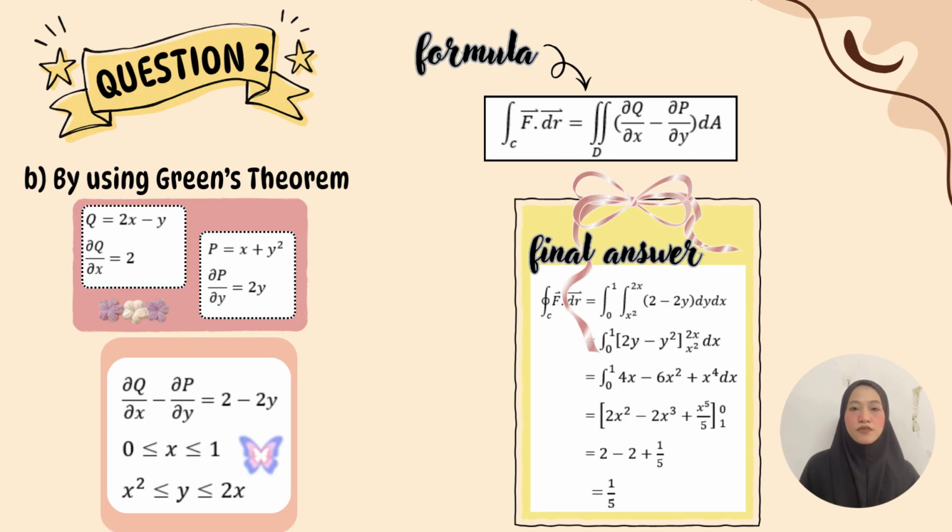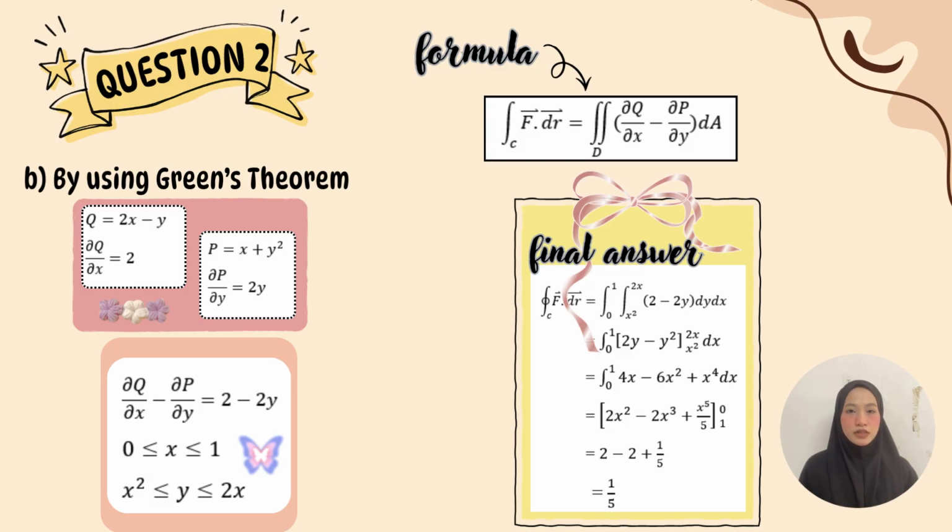From the graph earlier, the limits for region D are x from 0 to 1 and y from x² to 2x. So we set up the double integral from 0 to 1, and y = x² to 2x, of 2 − 2y dy dx.